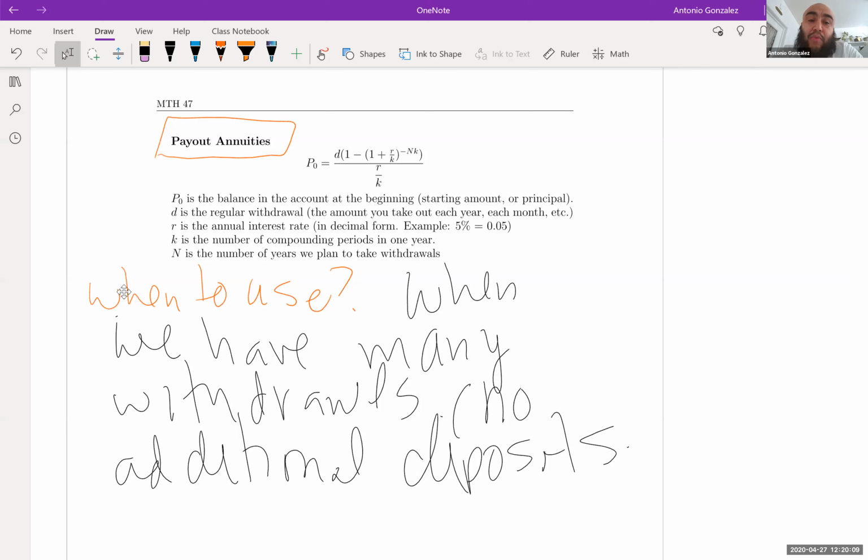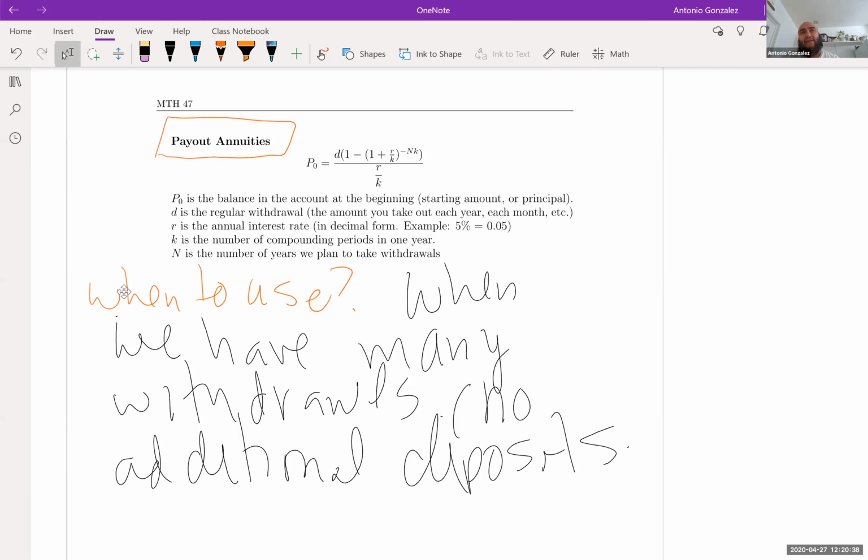Whenever we have an account where we're withdrawing on a regular basis, we're going to use this payout annuity. Think of it like this: you have a large sum of money from your savings, and now you're going to live off of those savings. You put it in what is called a payout annuity account, where you can withdraw, let's say, on a monthly basis, but the rest of the money is still earning interest.